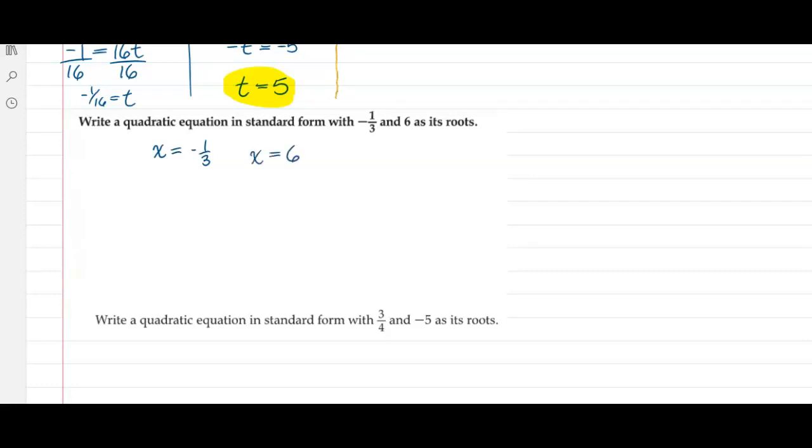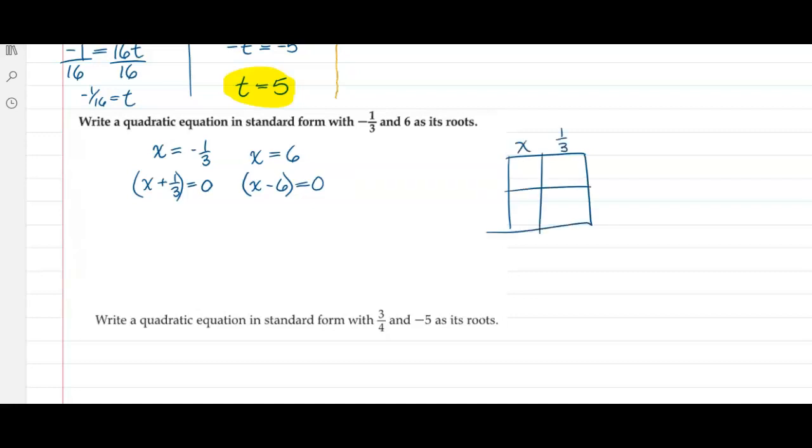That's what we're given. But I want it to equal 0, so I'm going to add 1/3 to both sides of this equation, and I'm going to subtract 6. Then finally, I'm going to take these two factors, and I prefer using the box method. X plus 1/3, x minus 6, gives me x squared, 1/3 x, minus 6x, and finally minus 2.